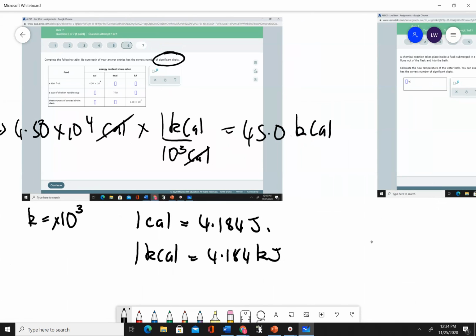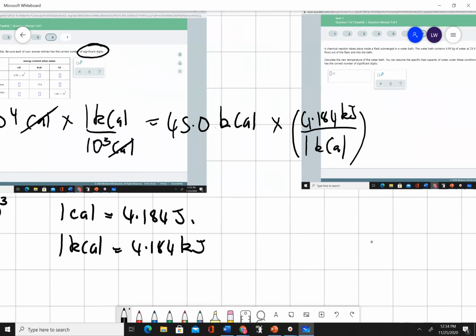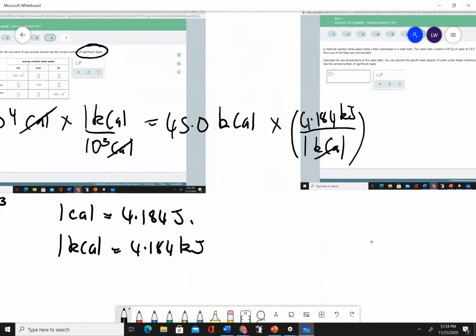All right, so that's the first part of the problem, and now we're just going to use our next conversion factor, and we know that we get 4.184 kilojoules for every 1 kilocalorie. There we go. So you just got to times that by 4.184.